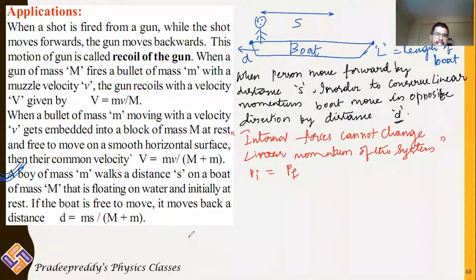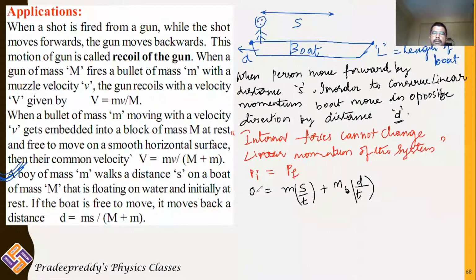And you can use the same thing here also. Initially, the person and boat both are in the rest position. Therefore, initial momentum is equal to 0. This is equal to the final momentum. The person comes into motion and the boat also comes into motion. So I can write mass of the person into distance traveled by the person, S, by time taken T, plus mass of the boat into distance traveled by the boat by time taken T, that should be equal to 0.